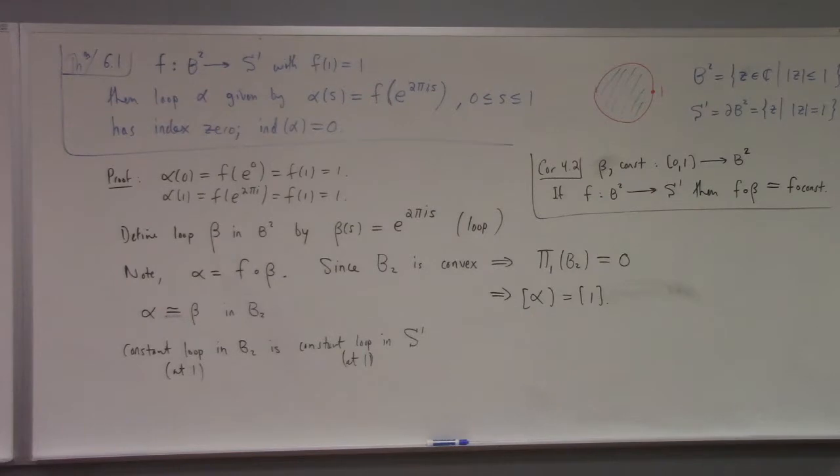So you can't find a continuous map from the disk to the circle which fixes every point.